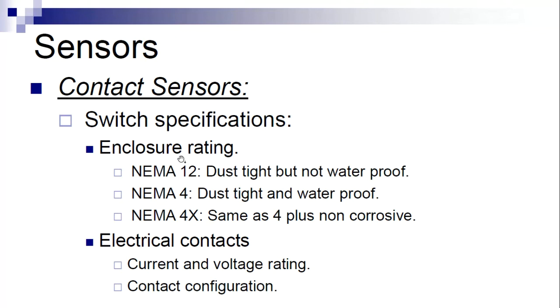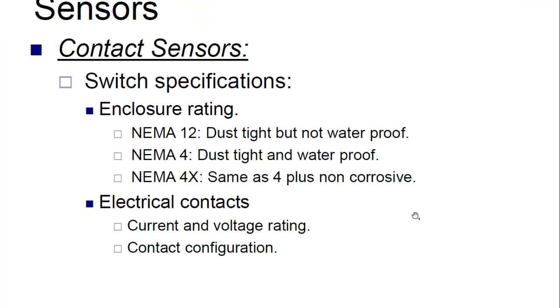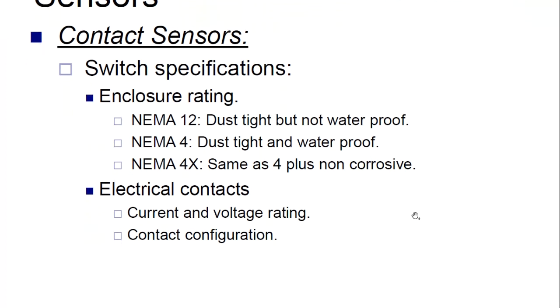So when you're deciding what you need, you've got to keep those thoughts in mind. Is it going to get wet? Is it going to be dusty? Is it going to have corrosive materials on it? Those sorts of things. Okay. And then when we talk about the switch itself, it's going to have contact ratings.